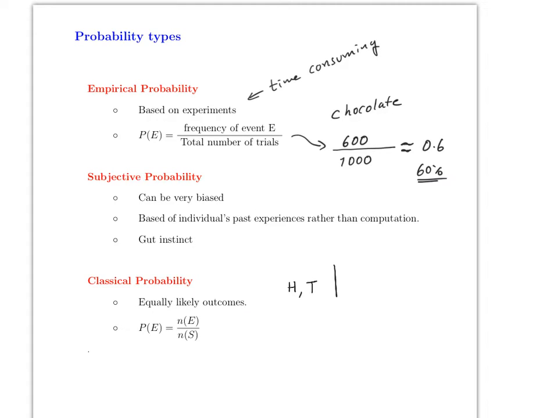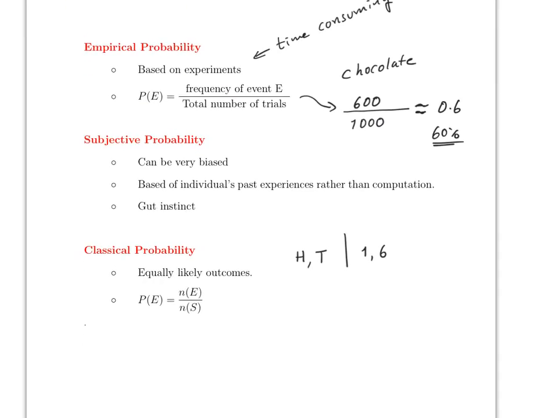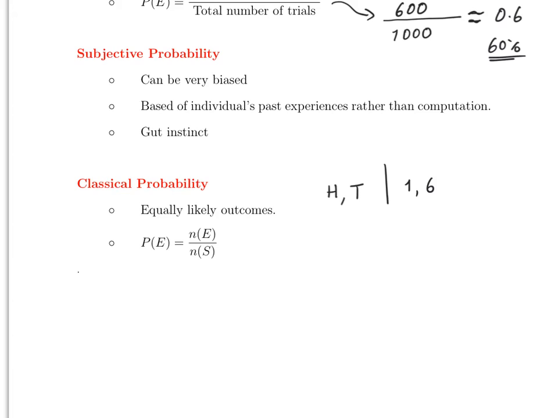Or if you roll a die, the probability of getting a 1 should be the same as getting a 6, and so forth. Classical probability is very easy to compute as long as you have the sample space, which I told you can be tricky. Once you have found the sample space, all you have to do is divide two numbers.